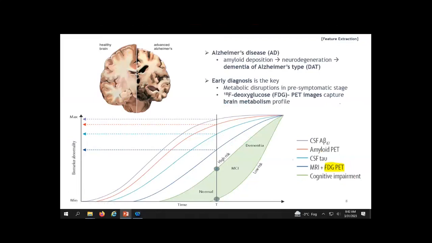So basically, we'll come up with a number between 0 and 1, where 0 means the patient has no signs of Alzheimer's, 1 means they have Alzheimer's, and anywhere in the spectrum we'll say is a risk of Alzheimer's, right? So here's a snapshot to motivate the serious problem with Alzheimer's disease.